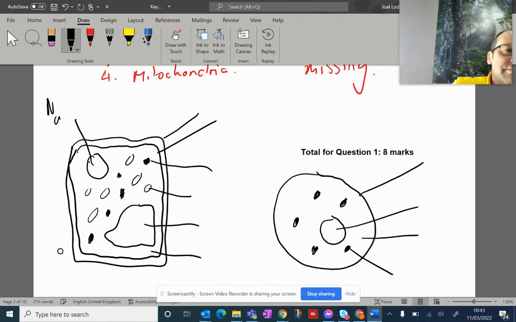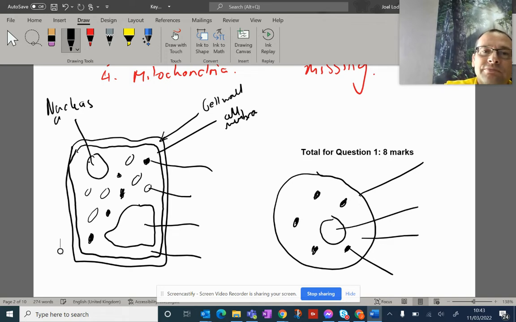So here was nucleus. Also try to make sure your label arrows, not with an arrow like that, but just touching the line, touching the structure you want to label. So that's cell wall, cell membrane, cell surface membrane was okay.